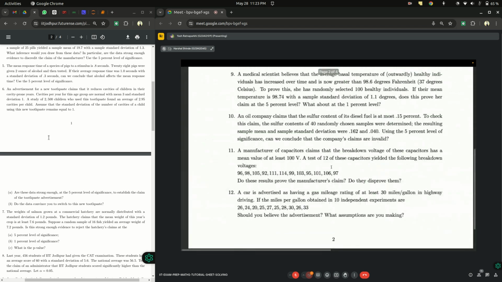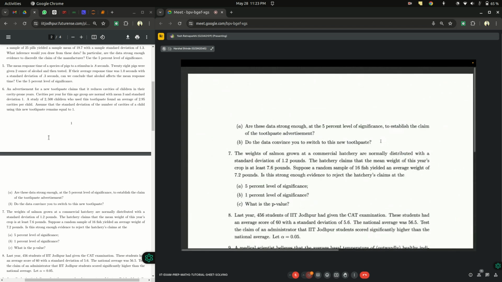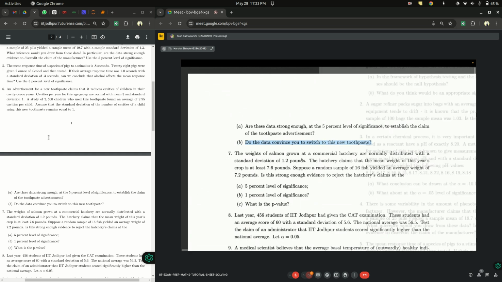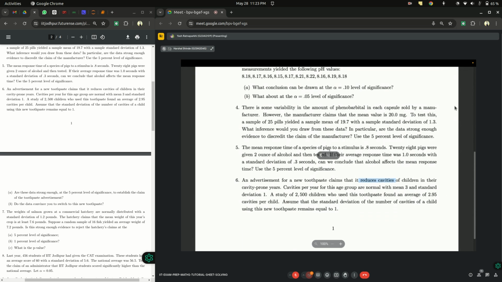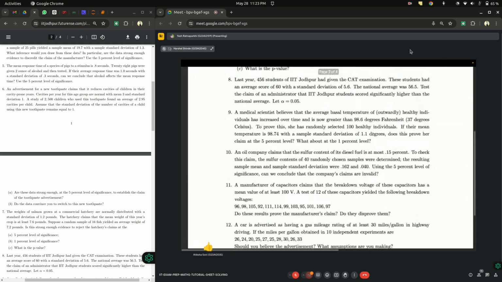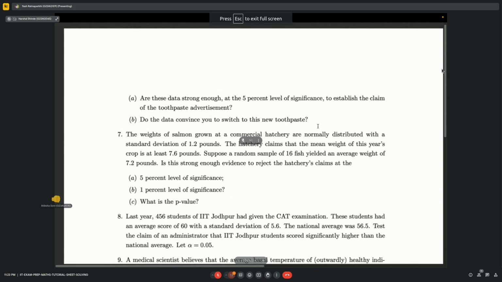So that's why we will be recommended to use the new toothpaste. Got it? Because the new toothpaste advertisement is claiming that it will reduce the cavities, and yes, it is reducing the cavity. That's why we rejected our null case, and hence we got success. चलेगा? Let's go on the next question.